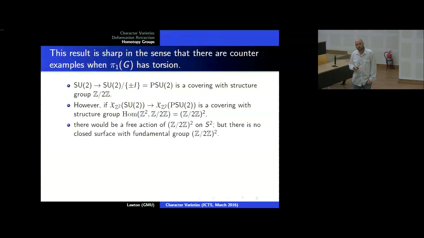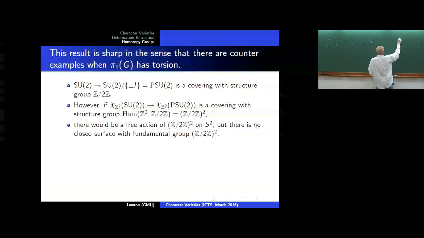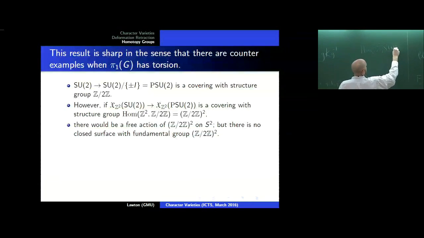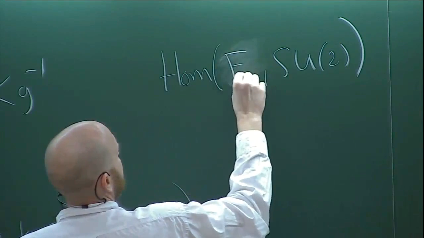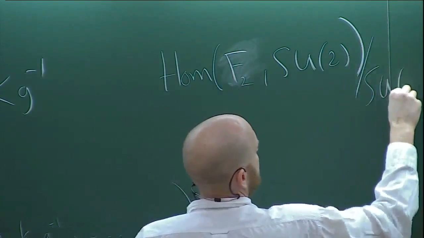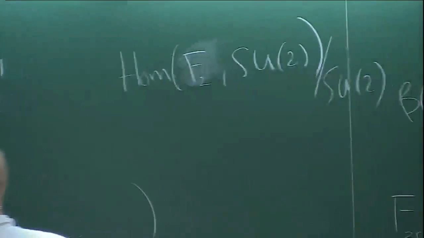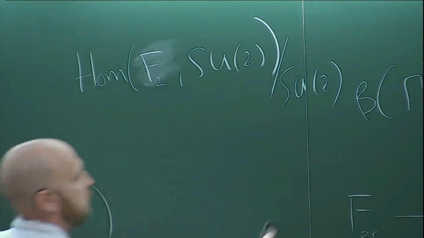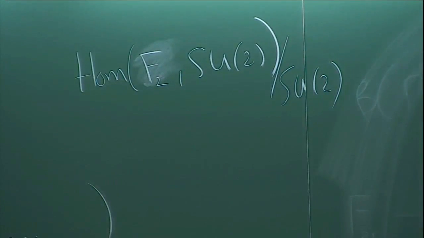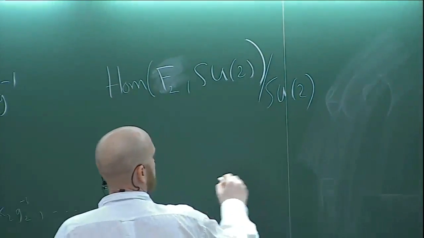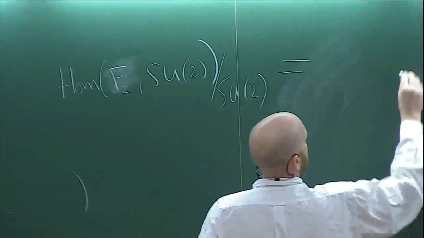which would imply that there's a free action of the Klein group on S2. Why? Because this group is S2, the two-sphere. Let me do a free group of rank two, mod SU2. It's a solid ball.